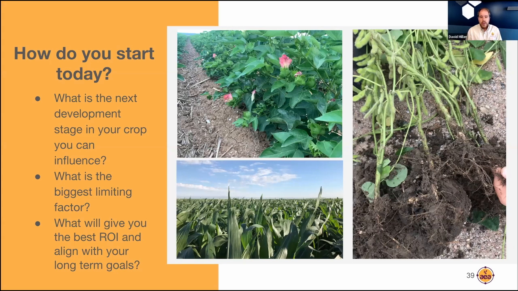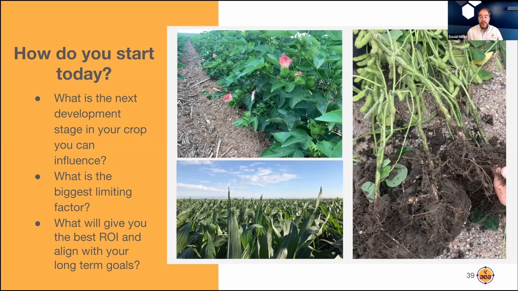So figure out where you are today, and then think about how you can reduce or eliminate the stress that would cause that particular point of influence to be compromised. Address that, and that should give you a return on investment of whatever you do and set you up for the next step of improving soil, of building that soil, of saving the soil.